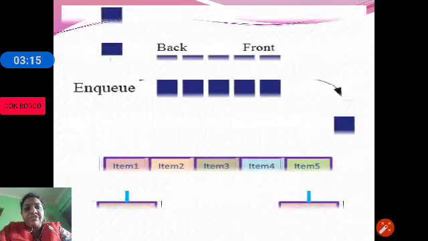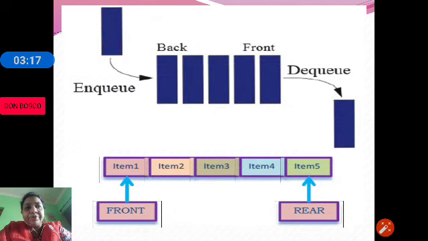Also in a queue, the person who comes first will be the first person to go out. So here we have front. Front always points to item 1, and item 5, that is the last item, is pointed to by rear. NQ means adding and DQ means removing elements from the queue.